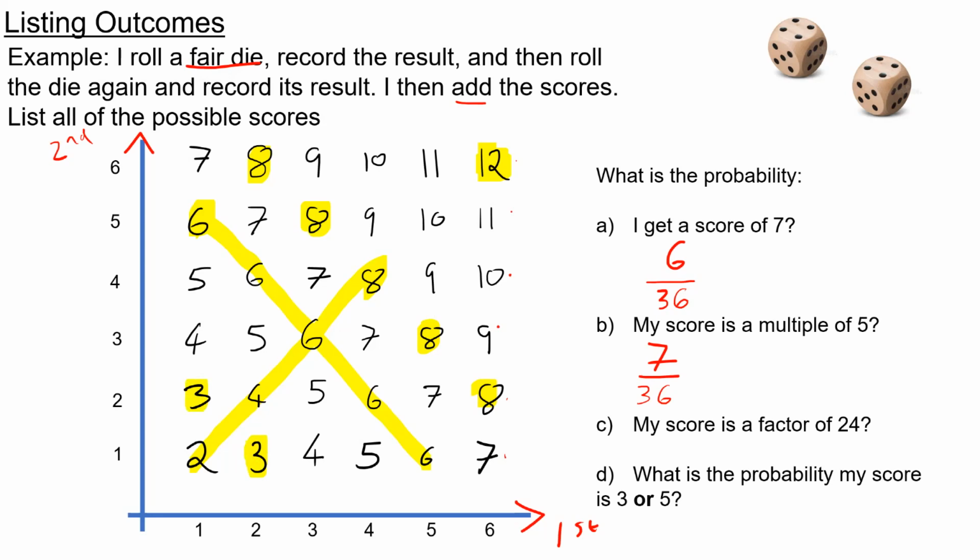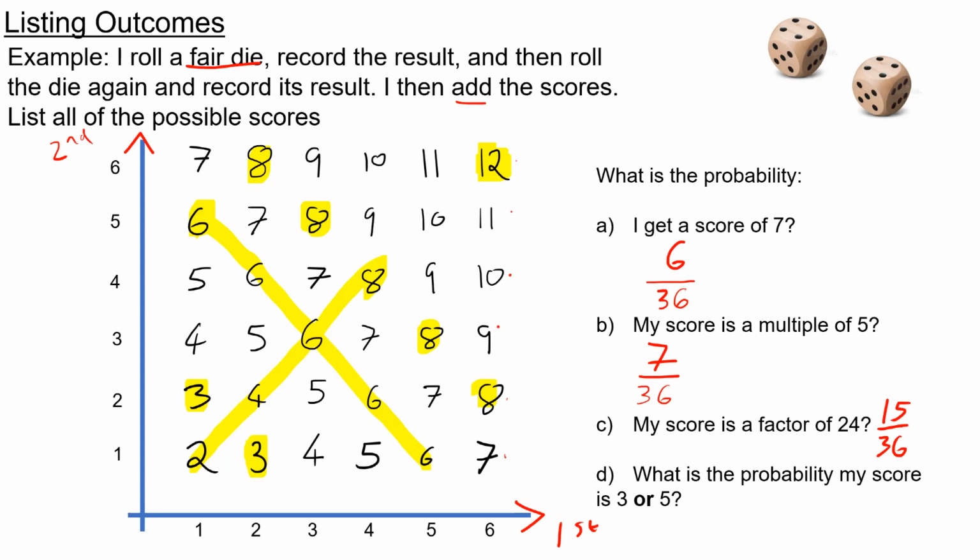And that is it. So let's count how many of these numbers we have. Obviously 1 as well. No, there's no 1 here, obviously, because we're adding scores. 1, 2, 3, 4, 5, 6, 7, 8, 9, 10, 11, 12, 13, 14, 15. So there's 15 out of 36. That's the probability that I get a factor of 24.